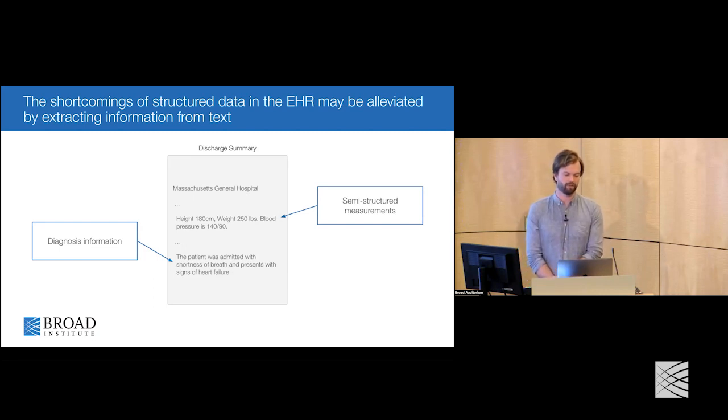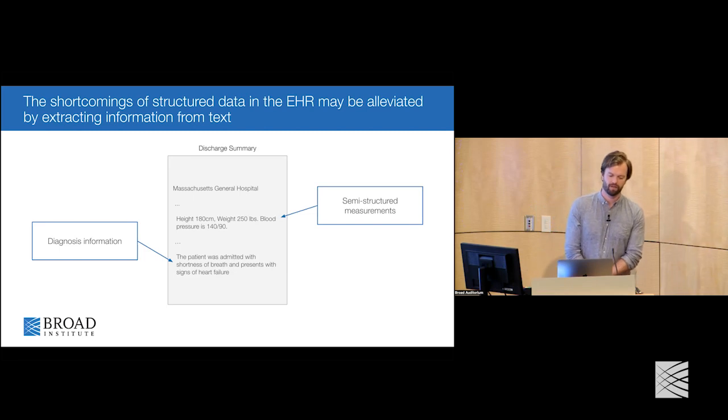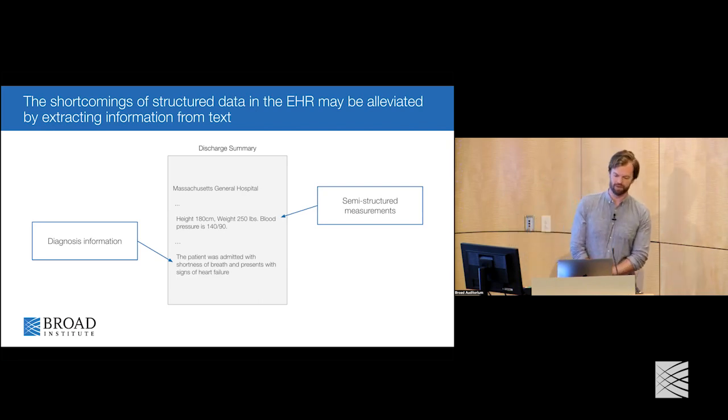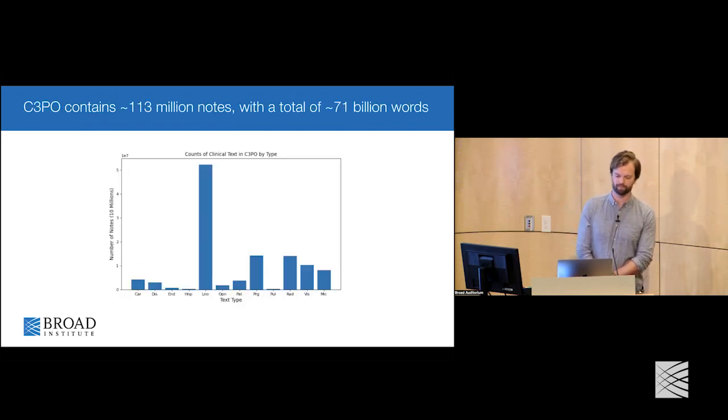And often in documents such as discharge summaries, the clinician will write information about the diagnosis made in that encounter, which may more accurately reflect what actually happened in that encounter than the diagnostic codes associated with the encounter. And so that was the seed for this idea that perhaps we can use some of the natural language processing methods that Emily mentioned to extract this information to make our data more useful.